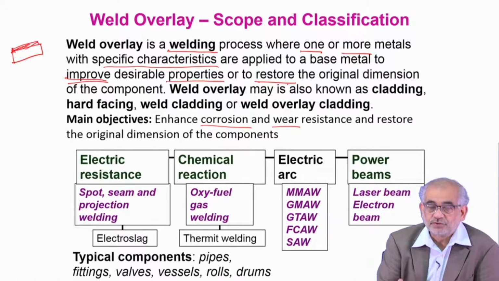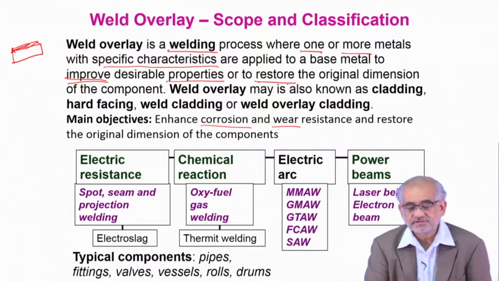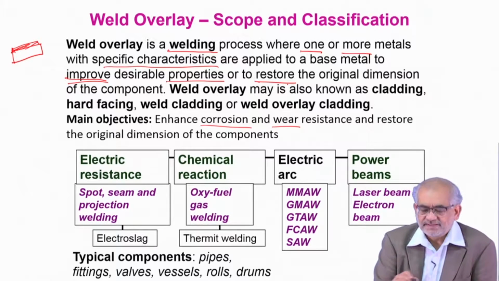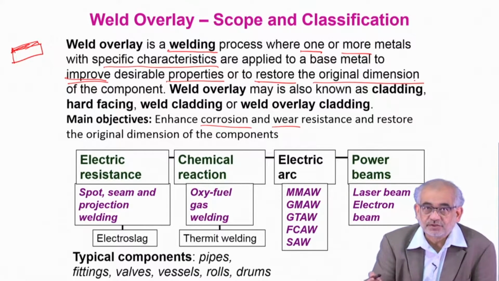So, for example, a worn part of a tool or maybe a cutting tool, maybe a shaping tool or a roll or any other nozzle or sprocket, any component which for whatever reason might have lost a portion of its surface, you can overlay a material either with the same composition or different composition and restore the original dimension. So, that means you do not have to throw away, you can reuse that component.